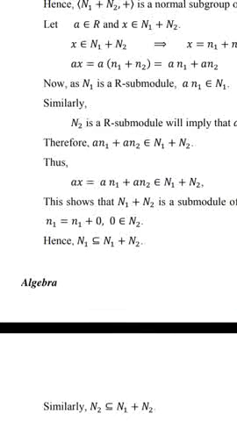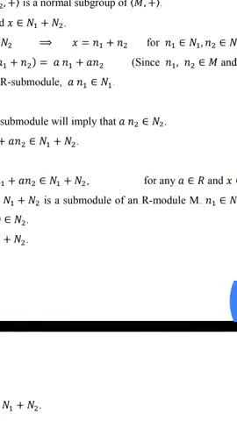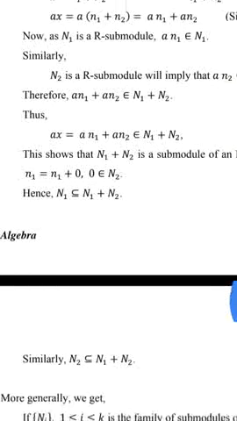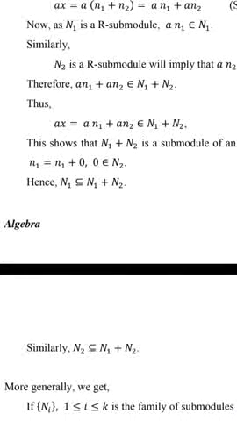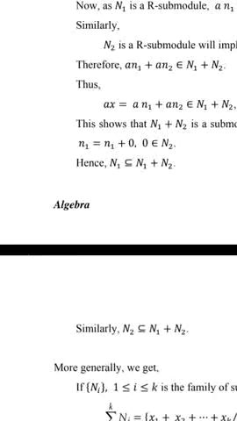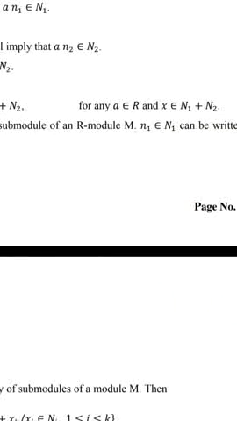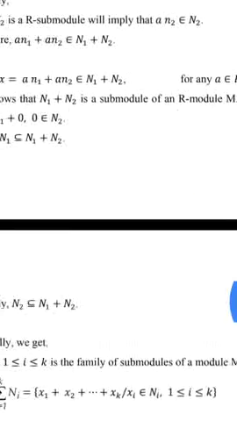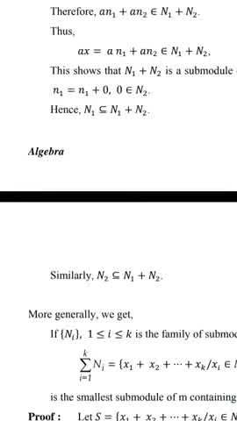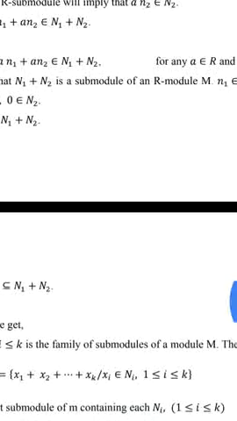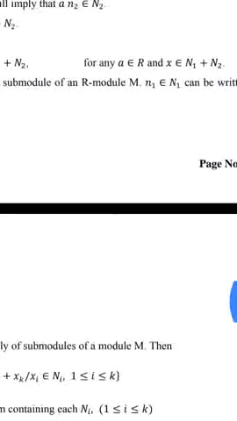Similarly, N2 is an R-submodule, which implies that a n2 belongs to N2. Therefore, a n1 plus a n2 belongs to N1 plus N2. Thus, ax is equal to a n1 plus a n2, which belongs to N1 plus N2 for any a belonging to R and x belonging to N1 plus N2. This shows that N1 plus N2 is a submodule of the R-module M.